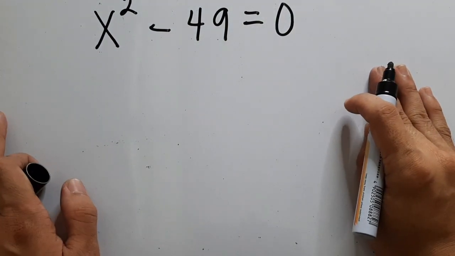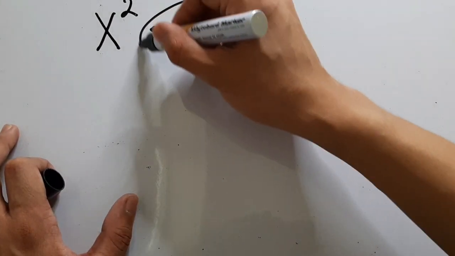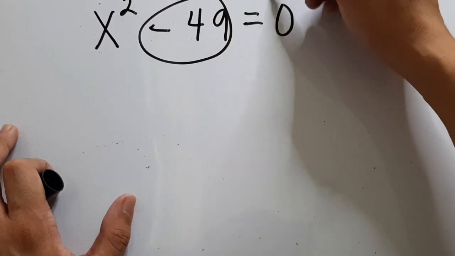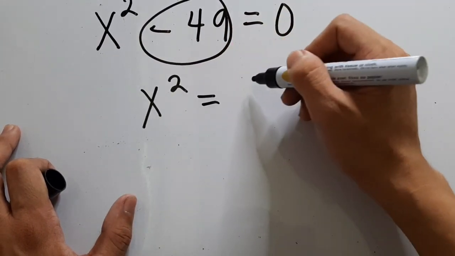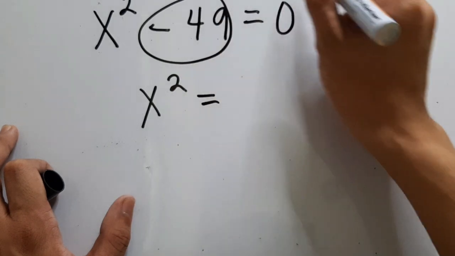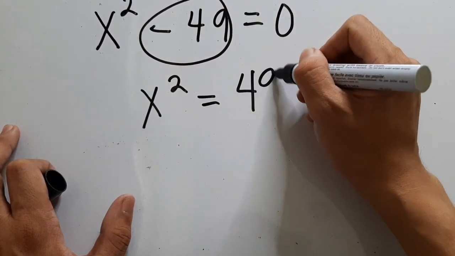So para ma-solve natin to or mahanap natin ang square root niya, we need first transfer the value of negative 49 into other side. So we have x squared equals, si negative 49 kapag nilipat ng kabilang side, magiging positive 49.